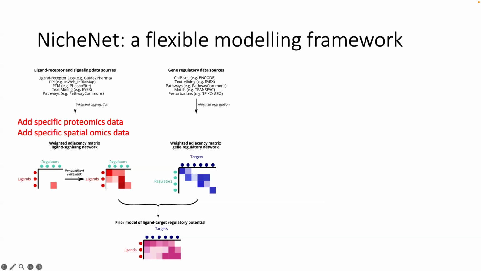You can enrich this prior model by including, for example, specific proteomics data from your own experiment or spatial omics data. You can also enrich by adding more specific edges to your gene regulatory network here.